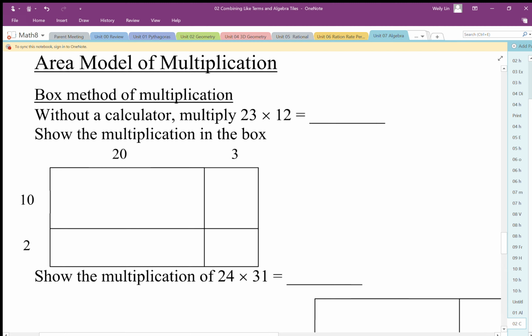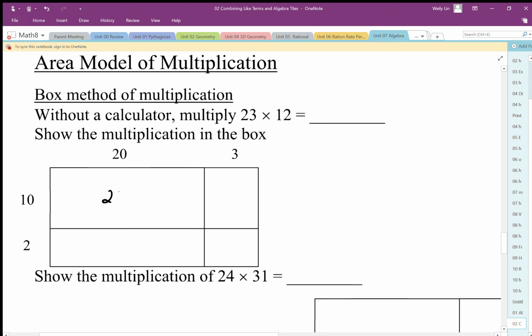So without a calculator, if I want to multiply 23 times 12, what I can do is break it up into our box multiplication of 20 plus 3, 10 plus 2. And we can see how, when we break up pieces in addition and combine them with multiplication, these parts interact.